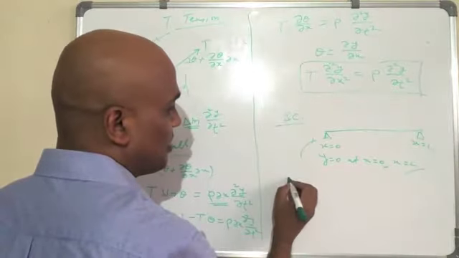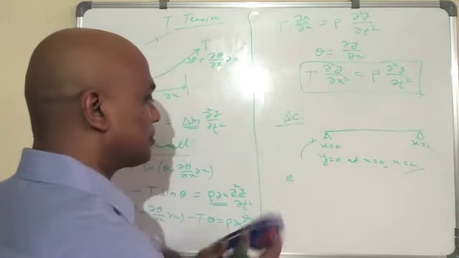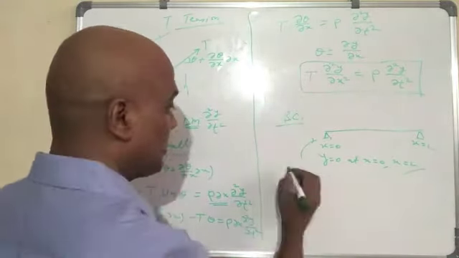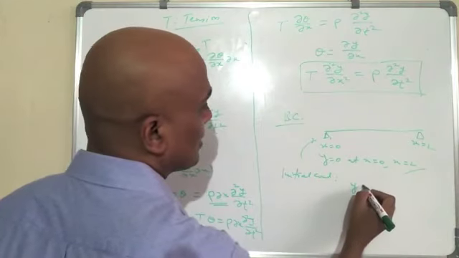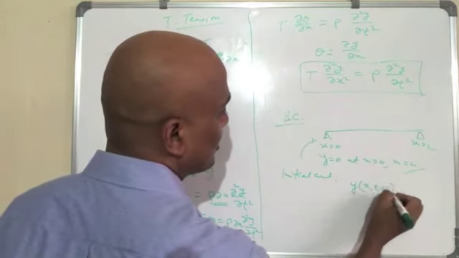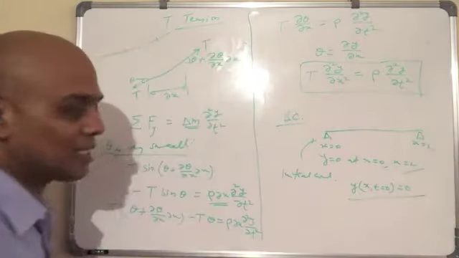Then you will have initial conditions as well. So the initial condition will be, for example, y at x, t equal to 0 equal to y0. That will be the initial condition.